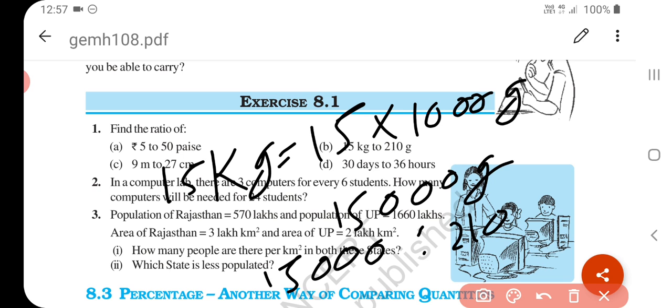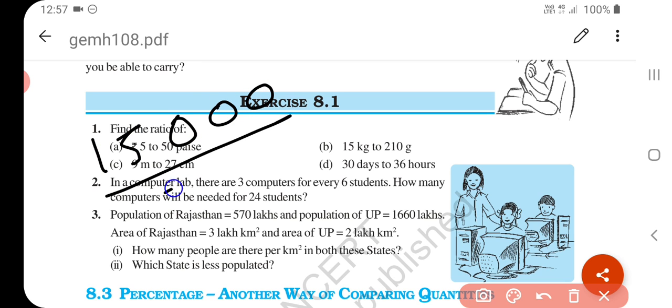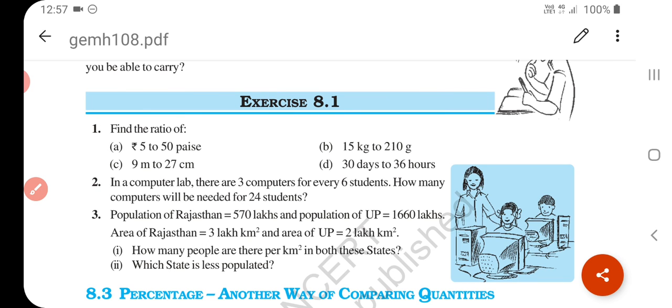Okay, so your answer is 15,000 upon 210. 3 sevens are 21, 3 fives are 15. अगेन 7 से कट होगा तो कट करिए और आपका आंसर लिखिए. Okay, understand? So this way you have to complete the question.